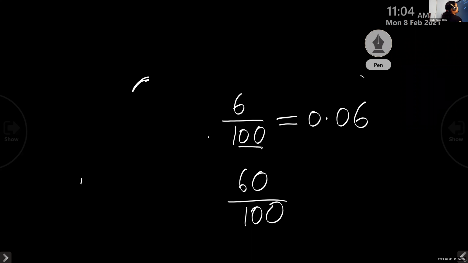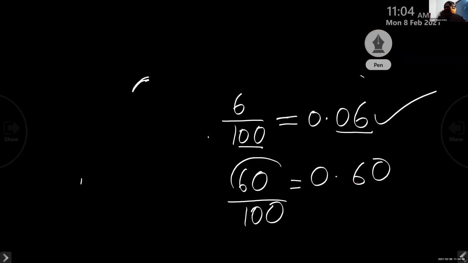I have 2 zeros and here also I have 2 places. So this is correct. What about the next one? 0.60. This is very simple because we already have 2 digits here, and the denominator also has 2 zeros. In the numerator also 2 places. So there is no need to add 0.